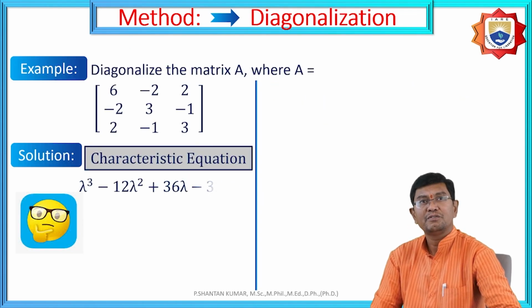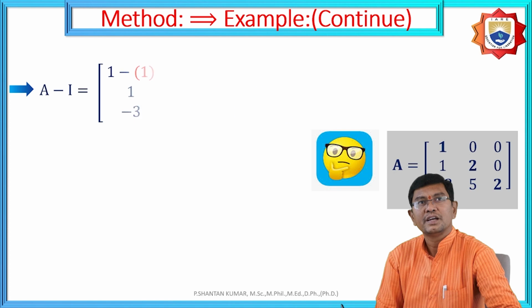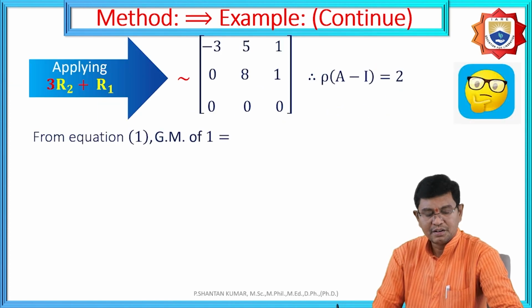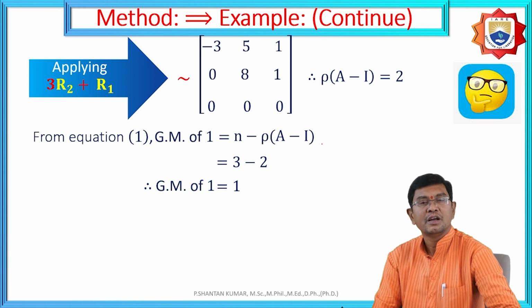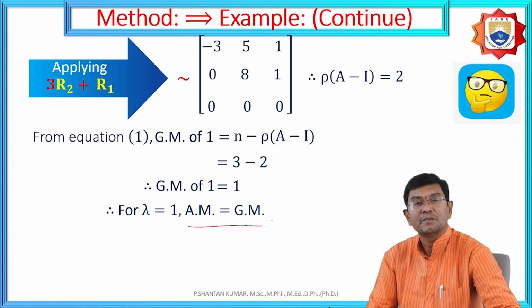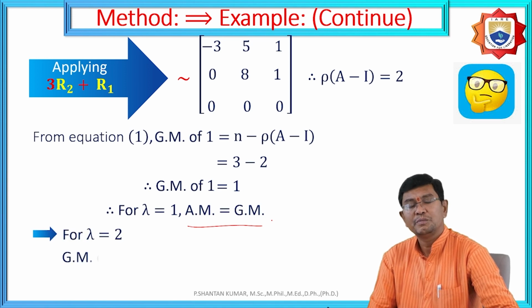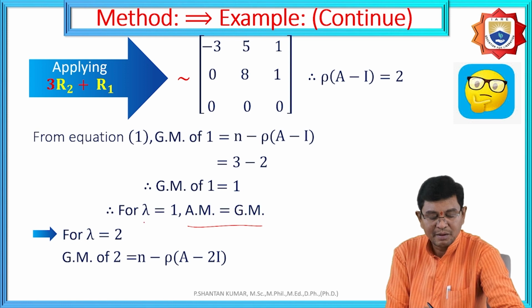And further, we need to find the conclusion of this problem. Up to here, no problem. In this particular problem, the GM is equal to 1, and in the conclusion, AM is equal to 1 and GM is also 1. Therefore, the matrix should be diagonalizable. Particularly for lambda equal to 1.